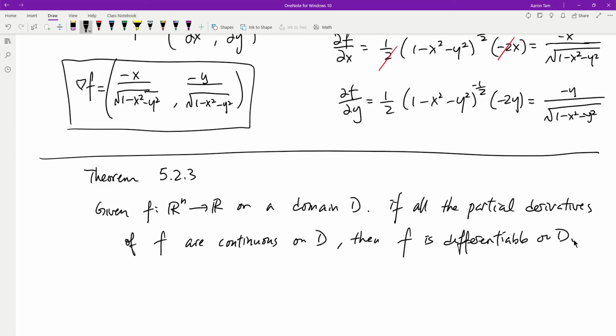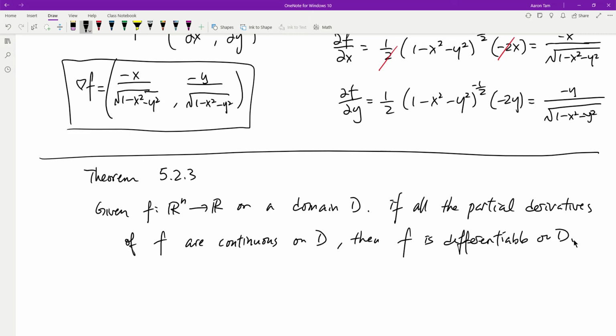Now, some of you may have a little deja vu, hopefully you do, because there is a similar theorem that you learned in BC Calculus. I don't remember exactly what the theorem is, but it probably says something like this: if the derivative of a function is continuous, then the function f is differentiable.